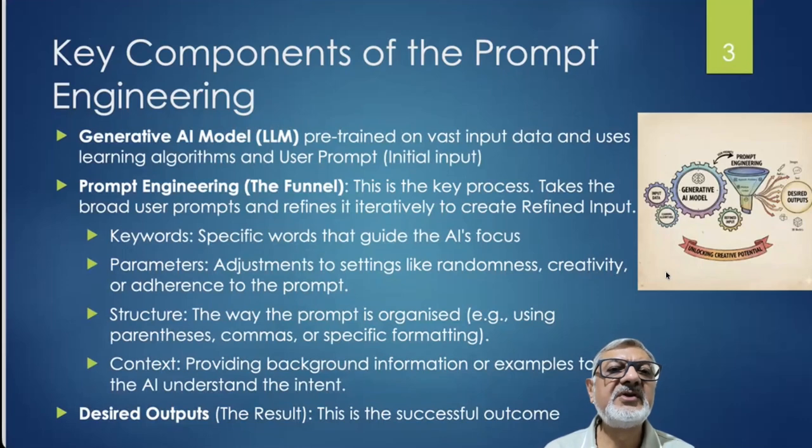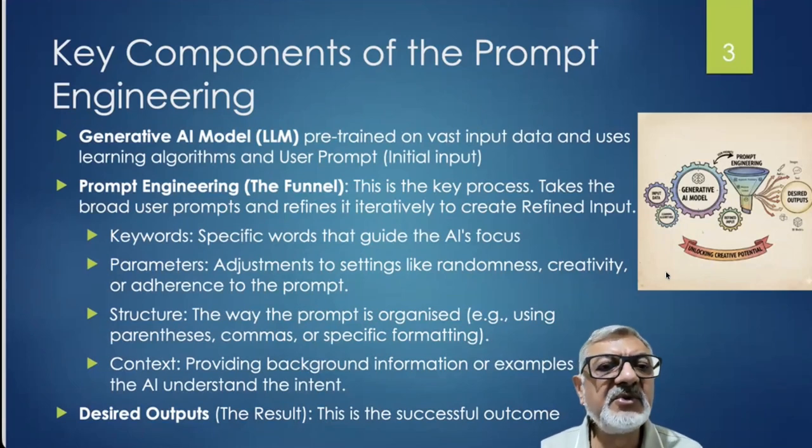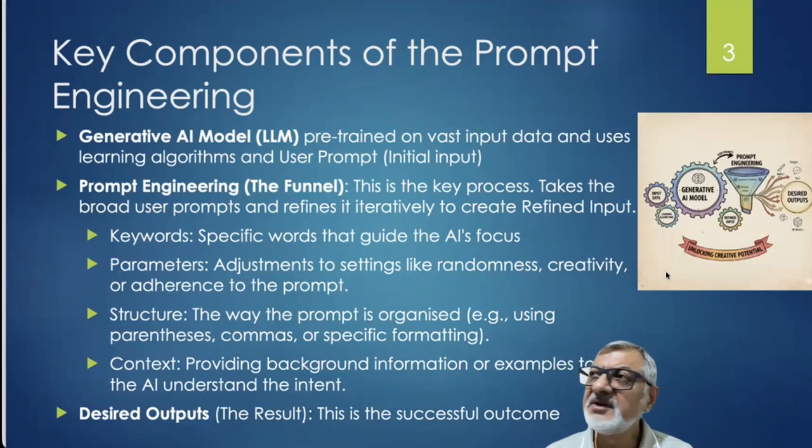The key components of prompt engineering are the generative AI model, which is called the LLM, which has vast amounts of input data and uses learning algorithms to store that data, and the user prompt, which is the initial input provided by the user to get output from the model. So prompt engineering is a kind of funnel.